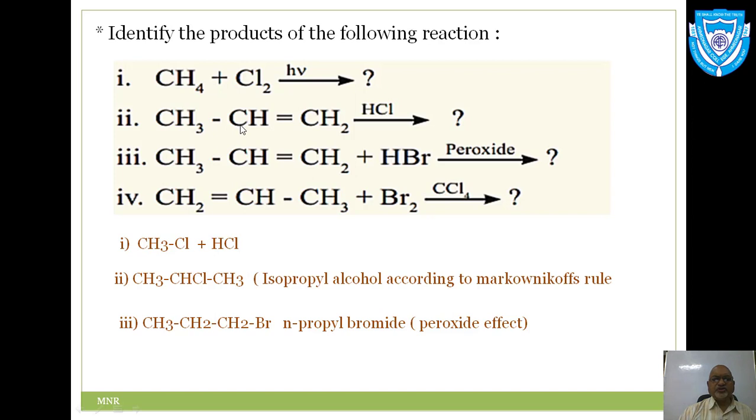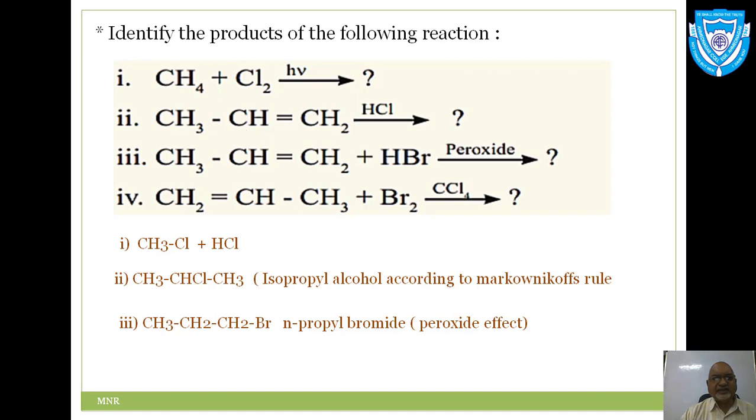On the second carbon, so halo acid is there, and we know Markovnikov's rule. What does Markovnikov's rule show? That during the addition of unsymmetrical reagent to an unsymmetrical alkene, the negative part of the unsymmetrical reagent, in this case it will be Cl, will go to that carbon atom across the double bond having less number of hydrogen.